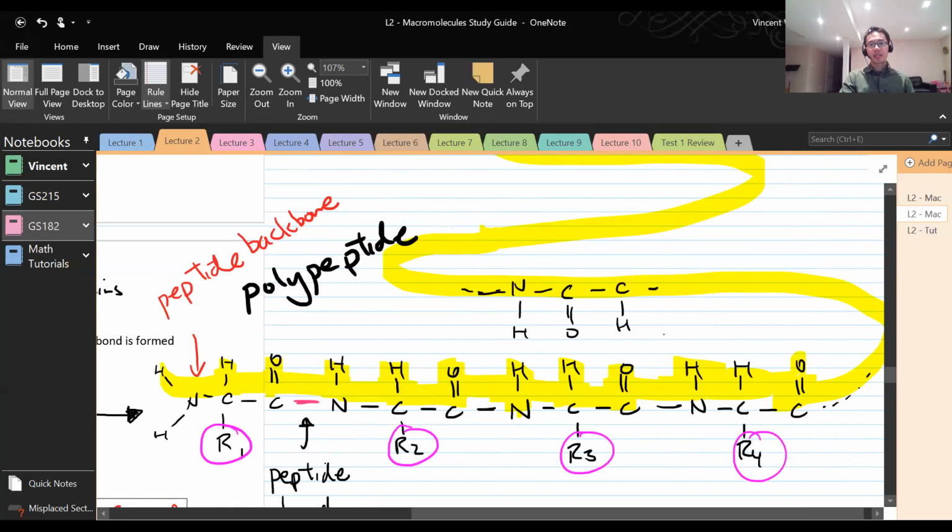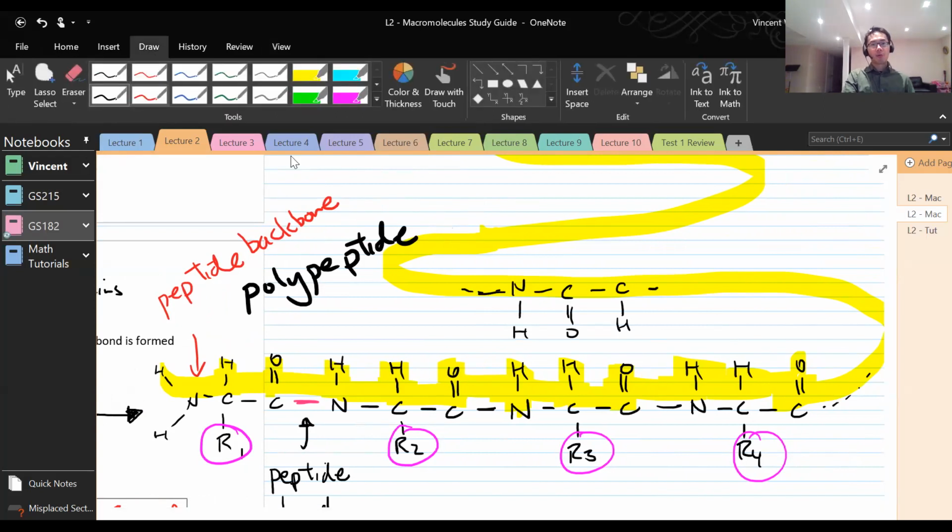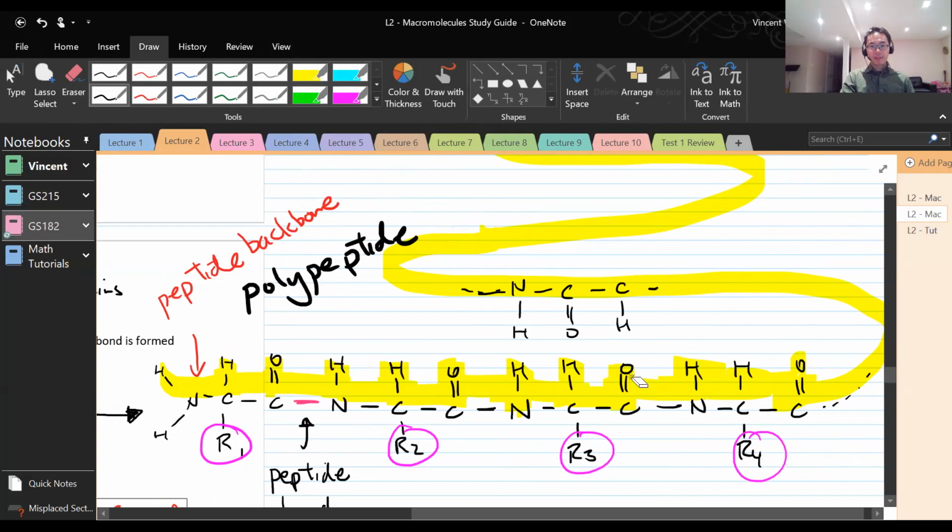It keeps on repeating. So over here, the oxygen is slightly negative, and the hydrogen is slightly positive. So there will be some attraction here, and some attraction here. Overall, these hydrogen bonds are what's going to stabilize the helix and the pleated sheets.